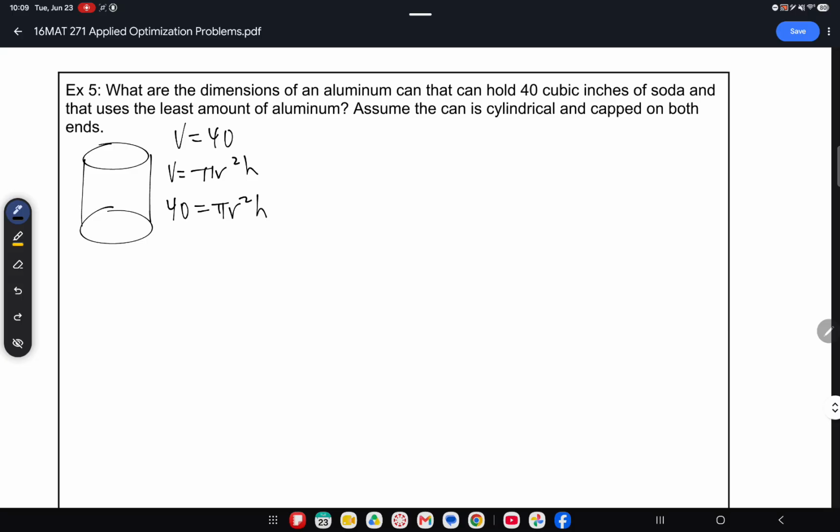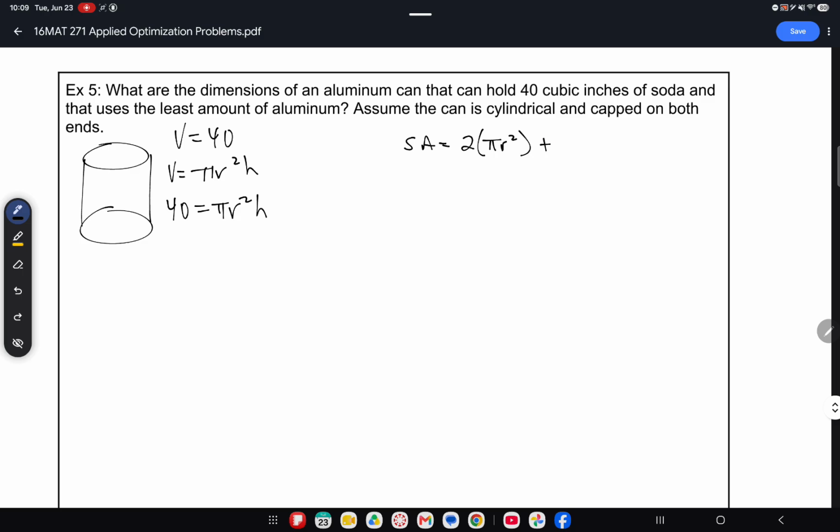And then aluminum. So we want the surface area. We have two circles. So 2. And then what is the area of the circle? Pi r squared.